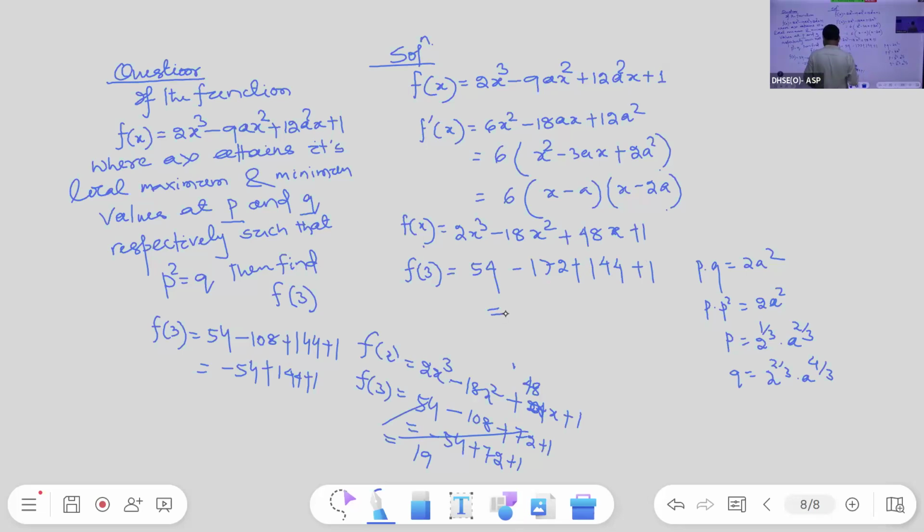This is equal to minus 108 plus 144, that is 36 plus 1.